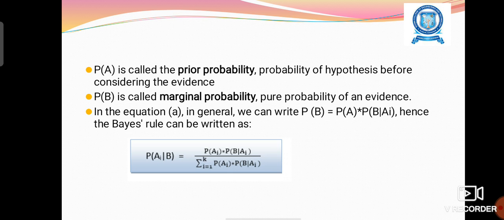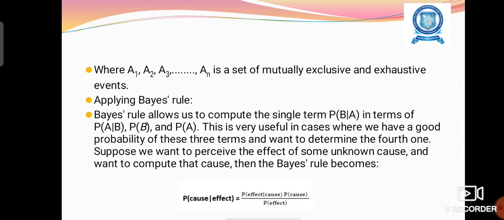Similarly, if we are dealing with a sequence of events A1, A2, A3 up to An, taken as Ai, we can use the same pattern of formula to calculate the conditional probability of the events Ai. And if we are considering cause and effect, we can apply the same kind of formula, that is, P(cause|effect).